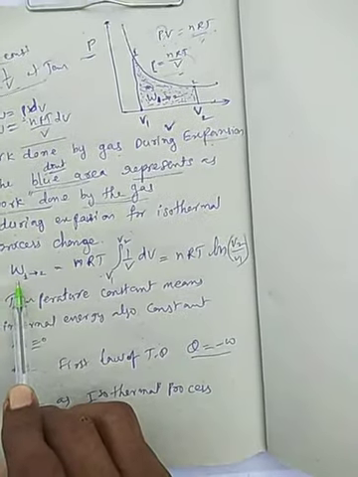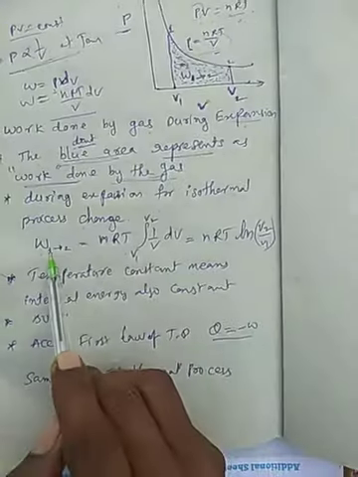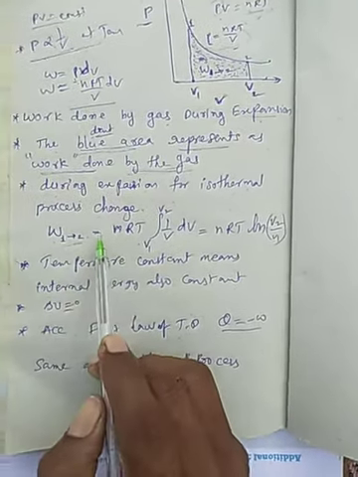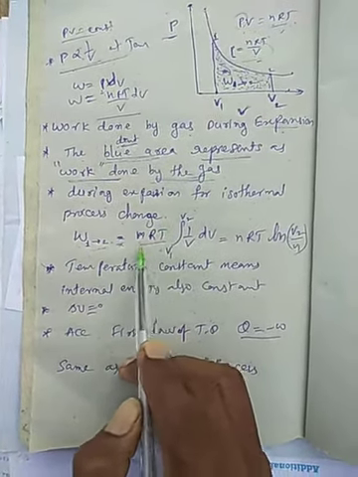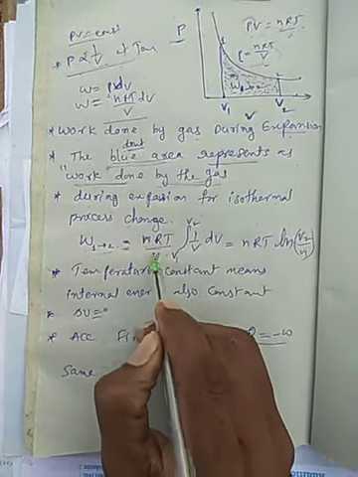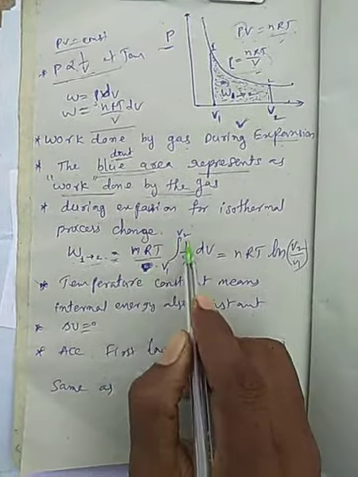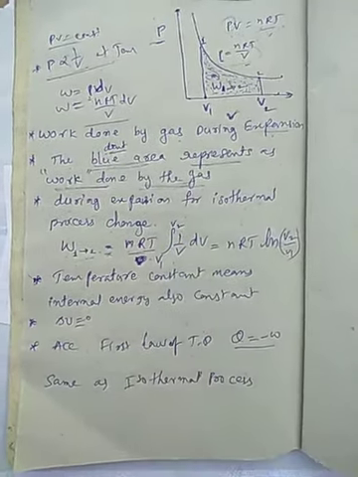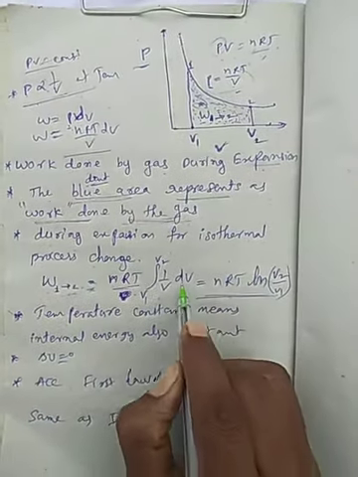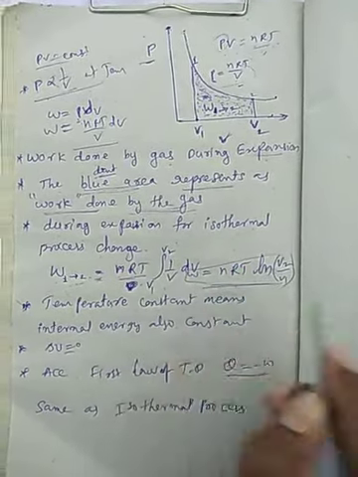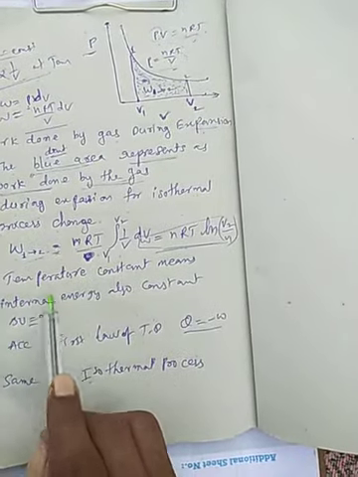The work W from 1 to 2 is equal to the integral of nRT by V. By doing integration from V1 to V2 of 1 by V, we finally get the mathematical equation, W is equal to nRT ln(V2 by V1). This is the equation we get.